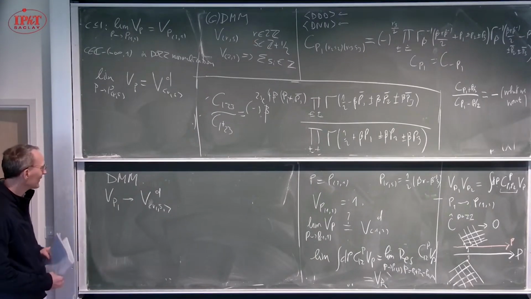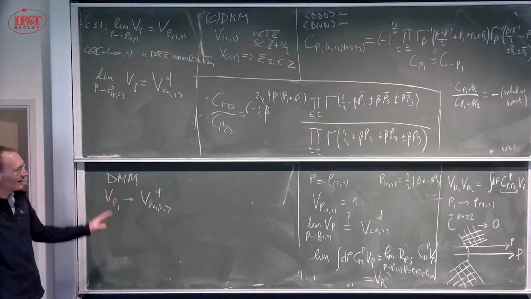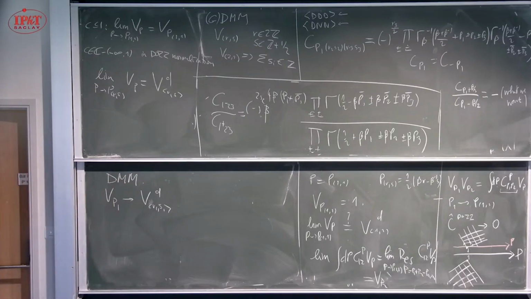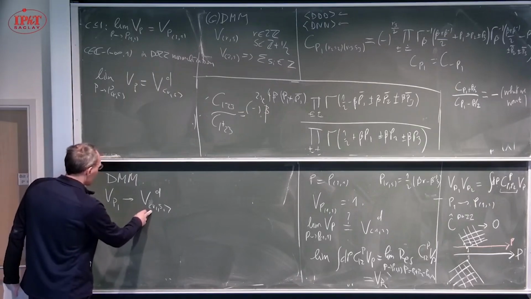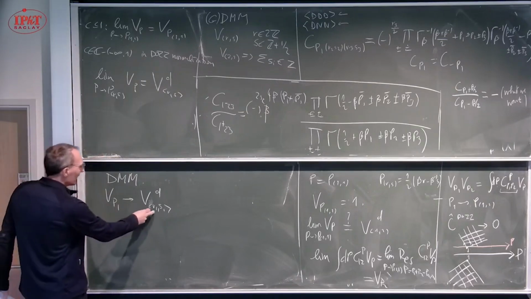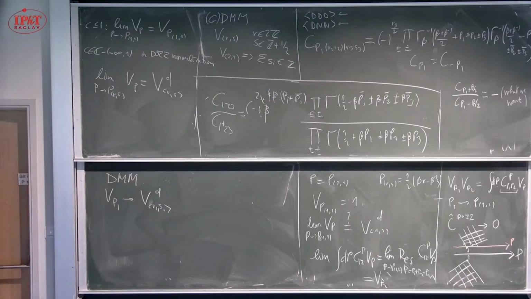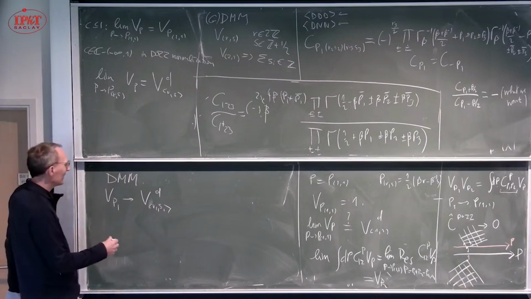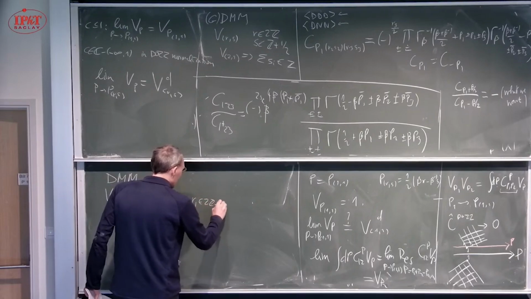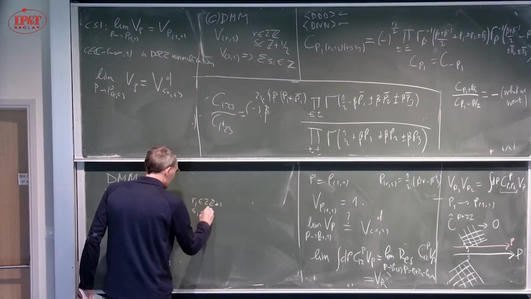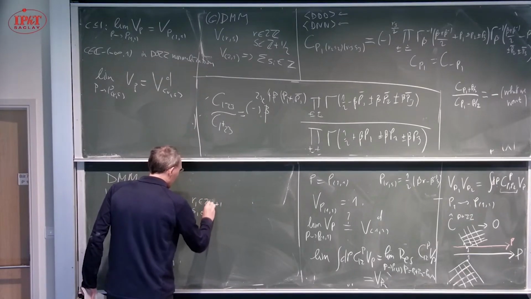If we're in the D-series minimal model, it's easy to fix, because our fields now don't have continuous momentum, they have discrete momentum, parameterized by integers R1, S1. In fact, we have R1 an odd integer, 2n plus 1.